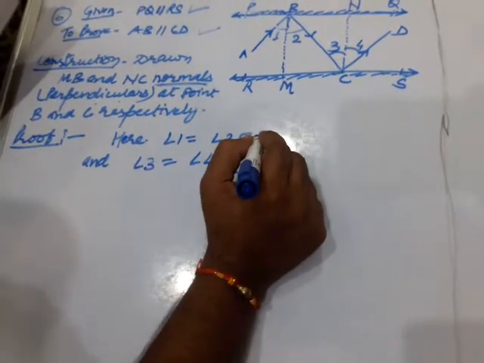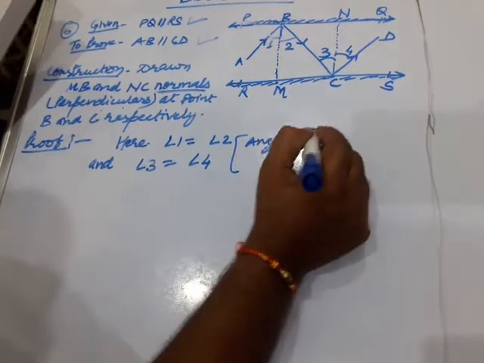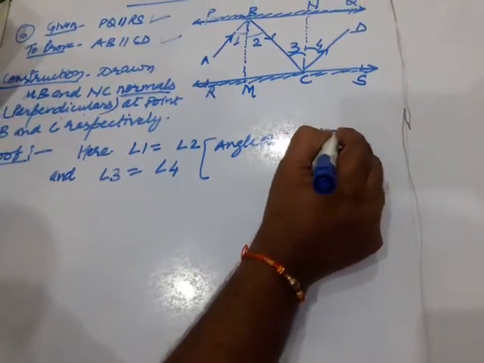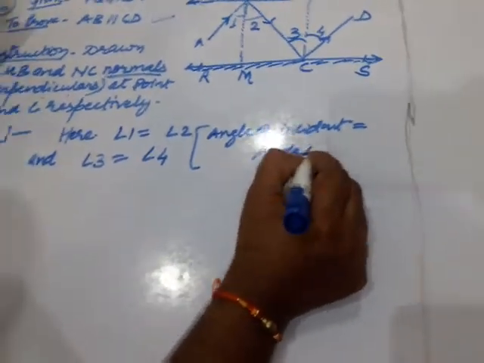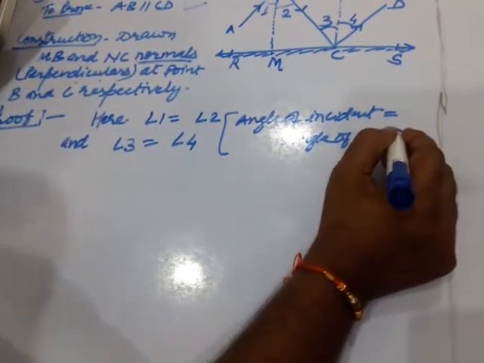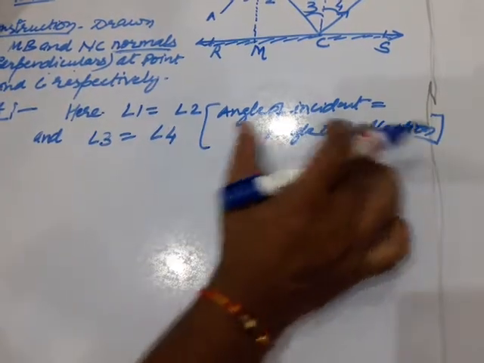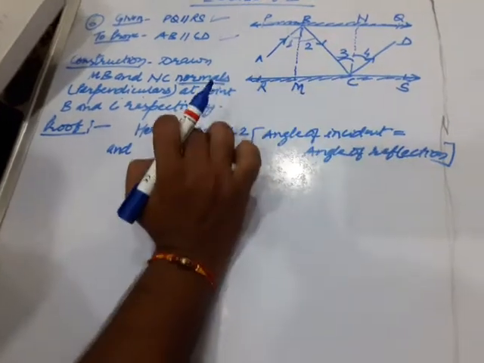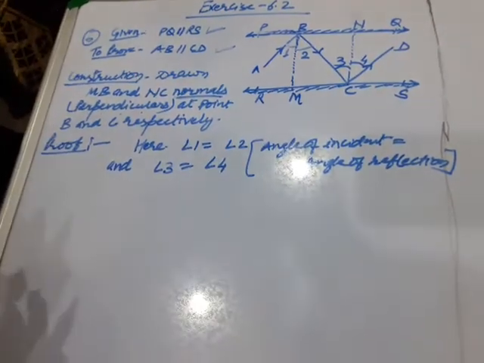Because angle of incidence equal to angle of reflection. This is the rule of science. Angle of incidence equal to angle of reflection. Okay children, now angle 1 equal to angle 2, and angle 3 equal to angle 4.